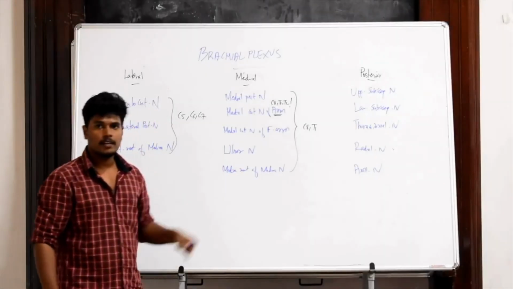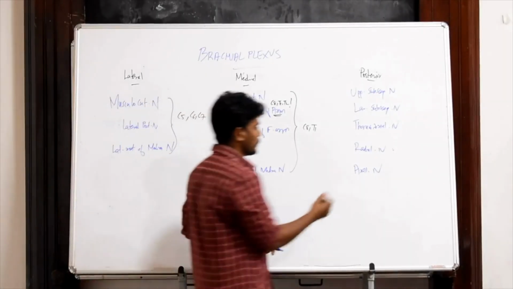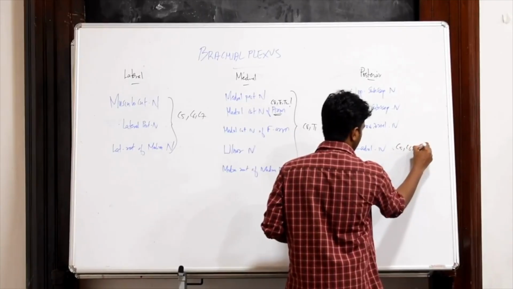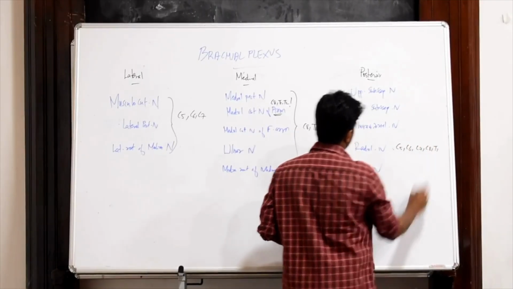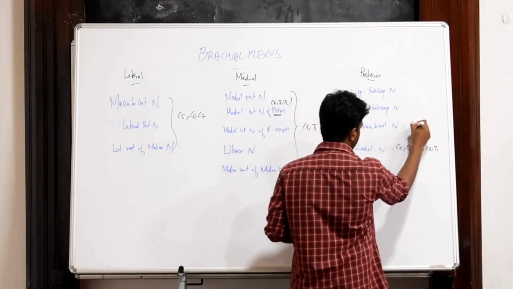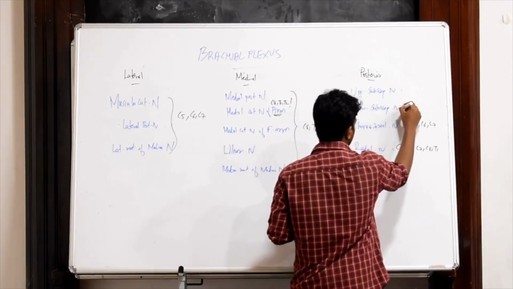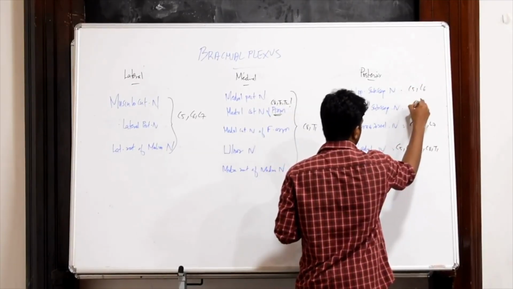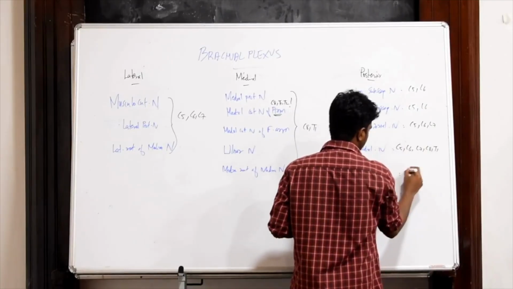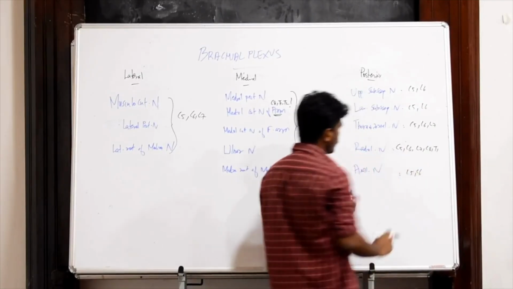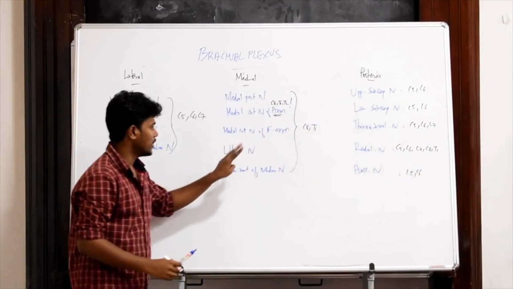In this, radial nerve has all the 5 roots: C5, C6, C7, C8 and T1. Thoracodorsal nerve has C5, C6 and C7, while all the 3 remaining nerves have C5, C6 rootlets. So this has to be learned by heart.